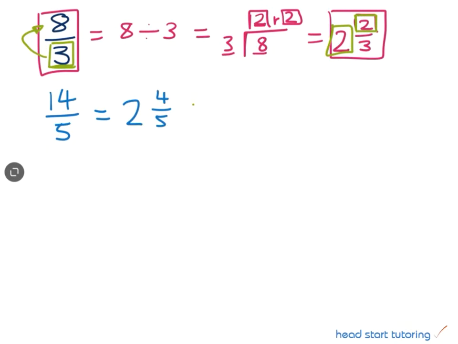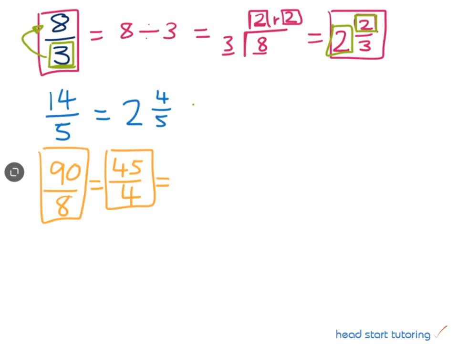Right, if we have a look at 90 over 8, we know that 90 and 8 are both even numbers. So we can divide both these numbers by 2 to get 45 over 4. So these are equivalent fractions. Now I'm working with smaller numbers here, so I can obviously work with this a little bit more easily than I could with this one.